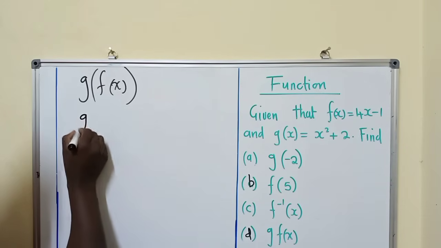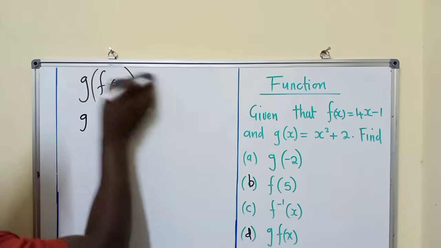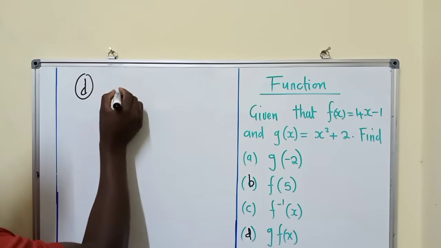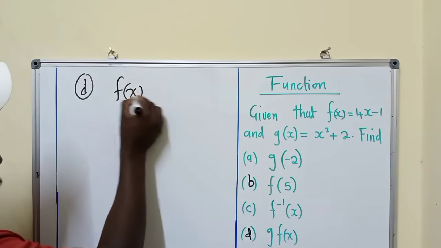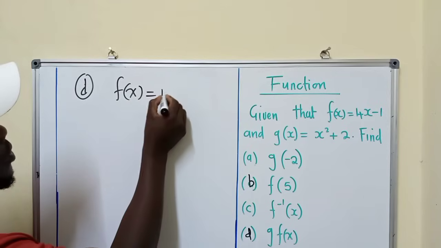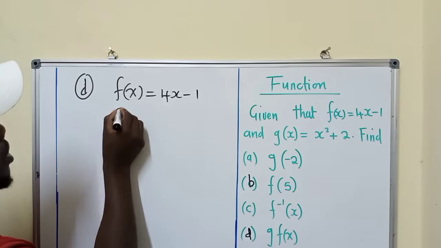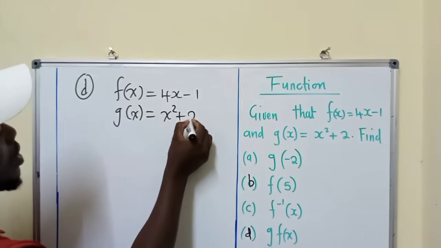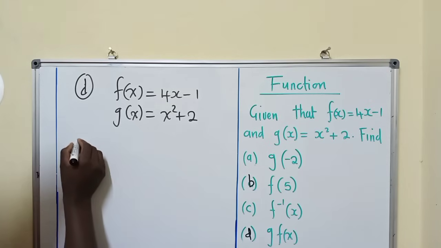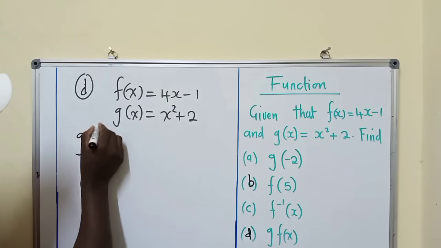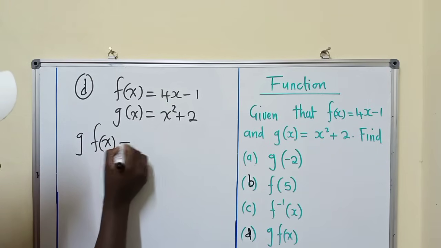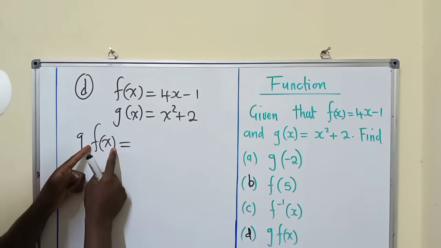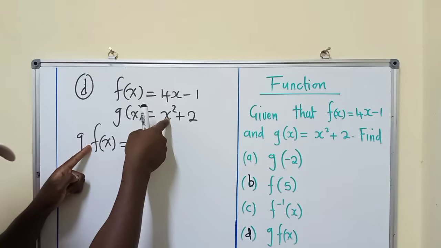We have g, let me start with f. So we're doing our D here, right? We have f of x. What is f of x there? It's 4x minus 1. What about g of x? x squared plus 2, isn't it? So now to find g of f of x, this will simply mean get this function, put it where x is there.